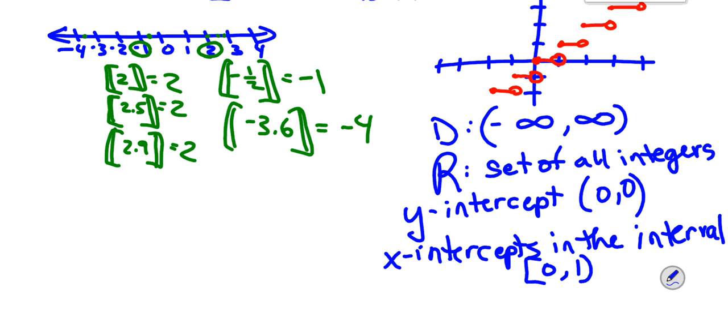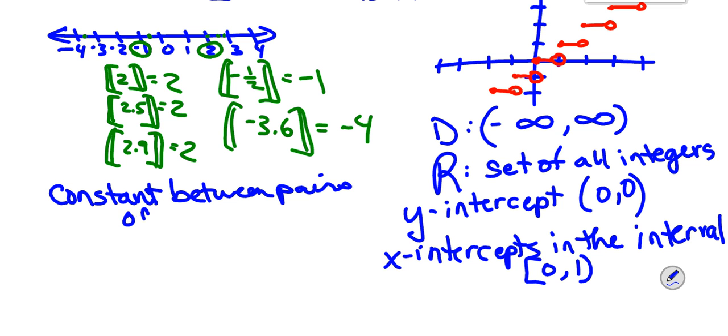Sometimes we just note what is happening, because this is not a continuous function. Do you agree with that? It does not have continuous flow as it goes along. So we say things like it is constant between pairs of integers. It has that constant dynamic, and we can't really exactly list that out.